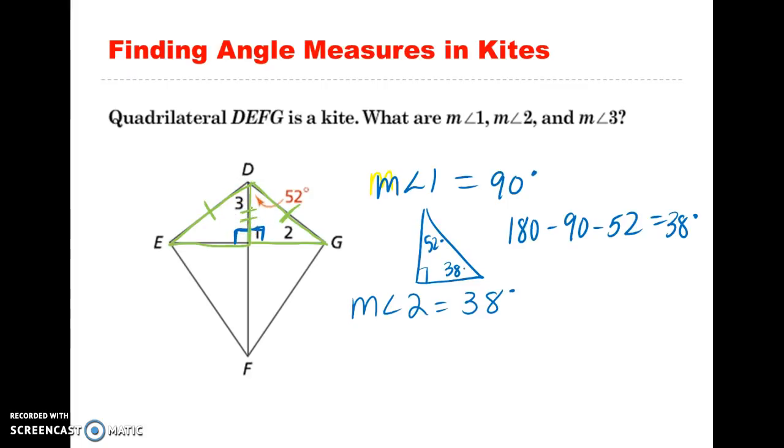If you remember the postulate that proves triangles congruent, HL, that means hypotenuse leg. If they have a congruent hypotenuse and a congruent leg, then two right triangles are also congruent. That being said, I know that the measure of angle 3 has to also be 52 degrees because these two triangles are identical.